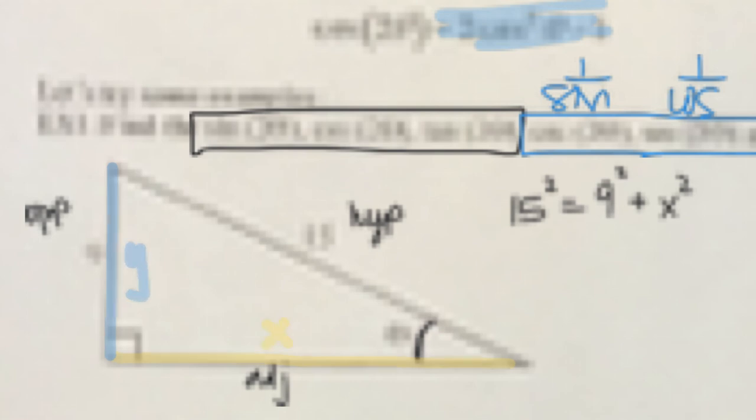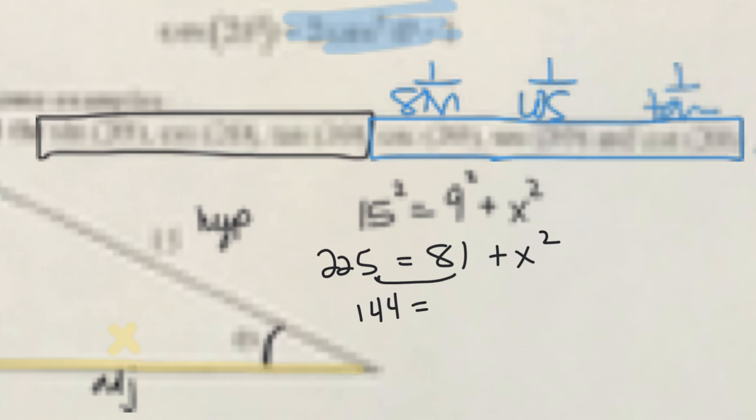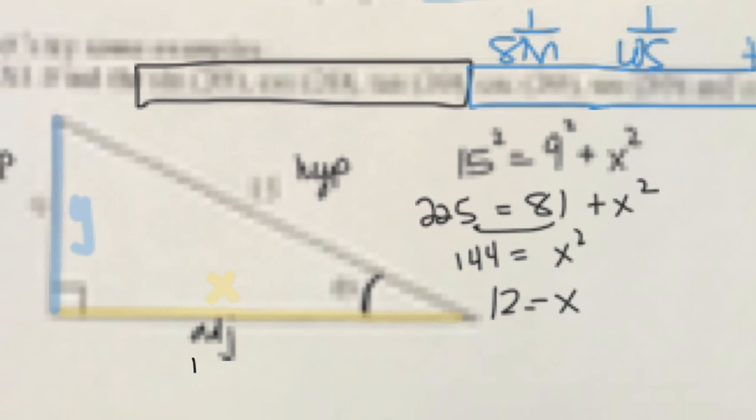And of course, hypotenuse is hypotenuse. So just for fun, 15 squared, I think we know that's 225. 9 squared is 81. We'll subtract, of course, to use the Pythagorean theorem and get 144. So our missing side is going to have a length of 12.